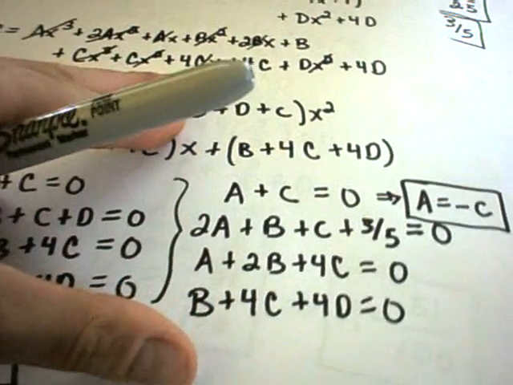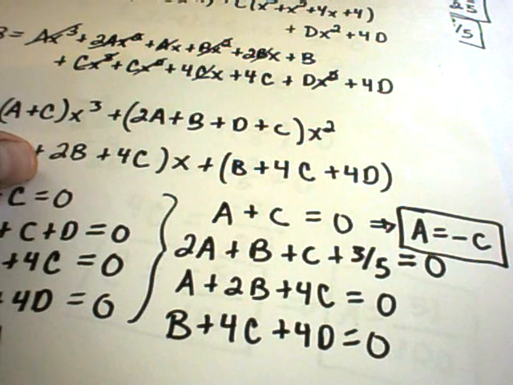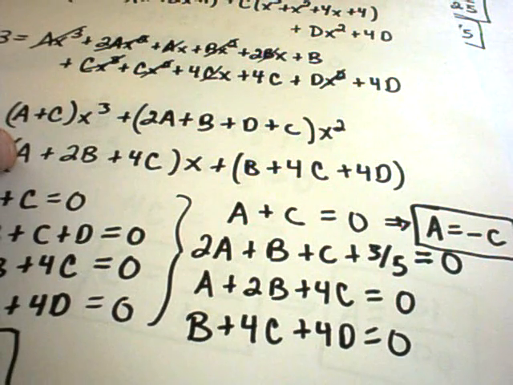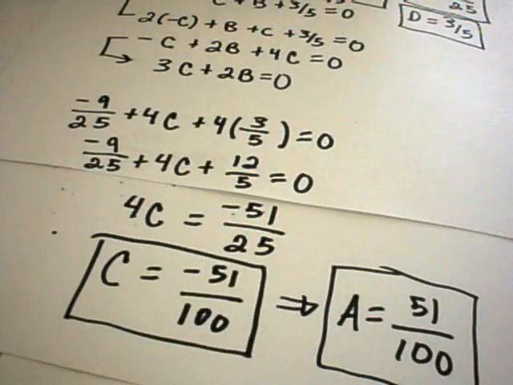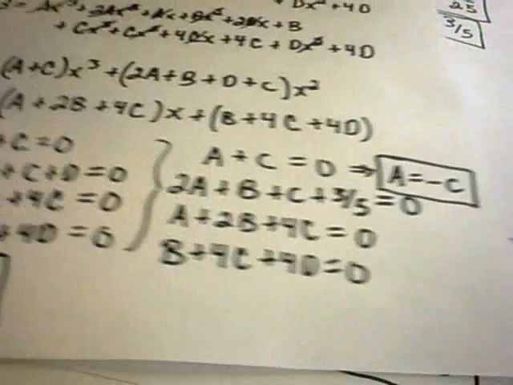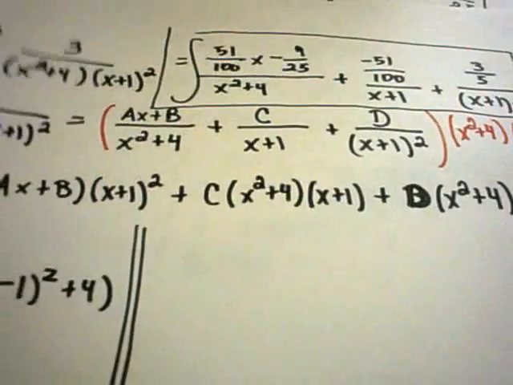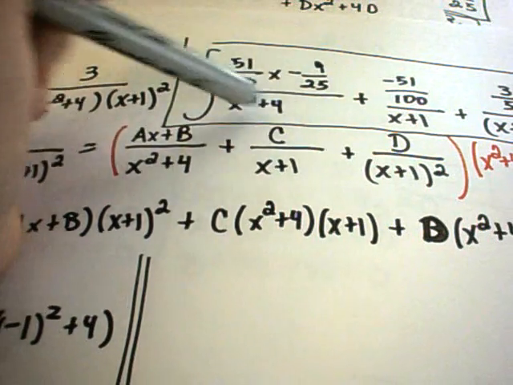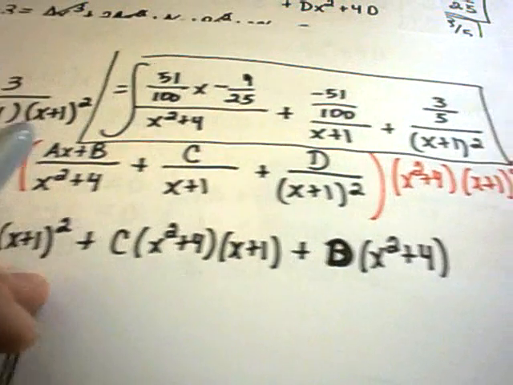If you've ever dealt with matrices, you could put it into a matrix and row reduce it, use Gauss-Jordan elimination. Maybe that would be quicker. I don't know that it would be necessarily easy, but maybe it would be a little more straightforward. But once you have them all, you plug them back in, and to integrate this one, we'll talk about actually what you need to do to integrate this stuff in the next video.